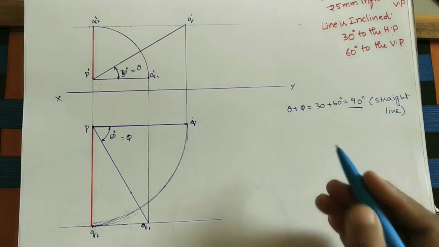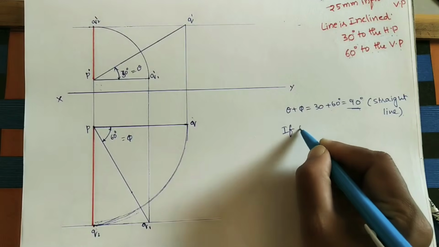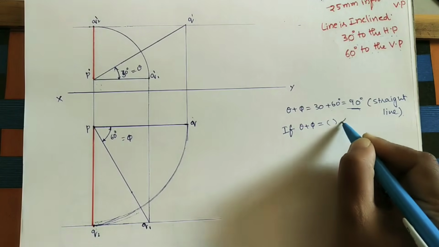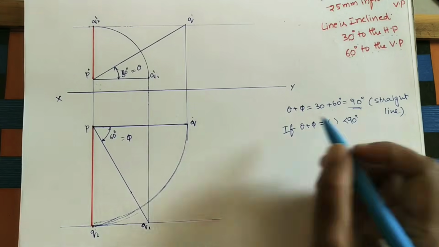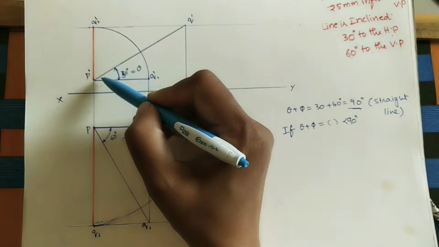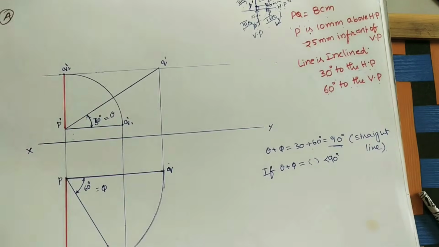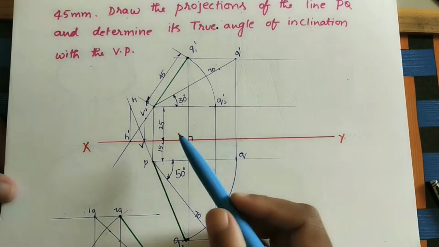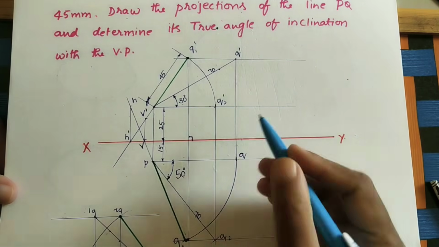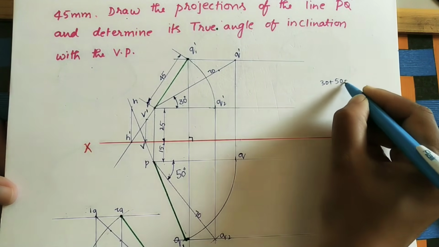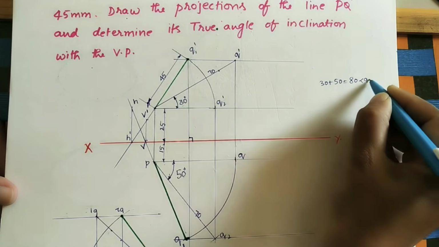If theta plus phi is less than 90 degrees, whatever value comes, we get the final projections like this, inclined type. I will show the diagram also. Let's take another example. Here angle with HP and angle with VP: adding both, 30 degrees plus 50 degrees, we get 80 degrees, which is less than 90 degrees.